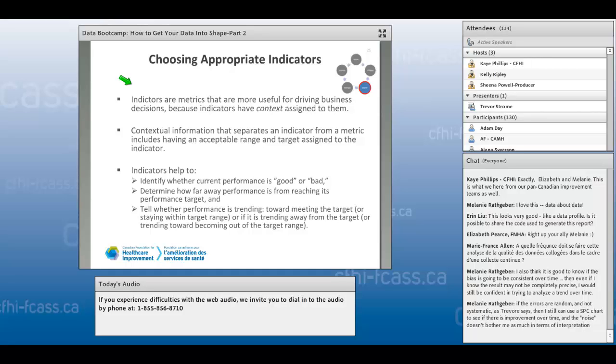When we're looking at indicators, we usually include an acceptable range and a target. And indicators we use to identify whether current performance is good or bad, for example, how far away we are from reaching our performance targets, and they also tell us how performance is trending.